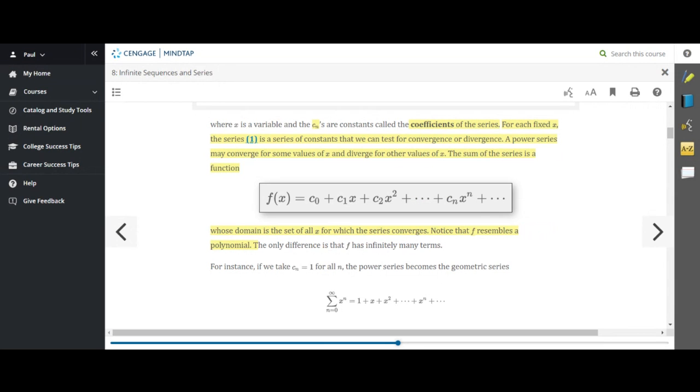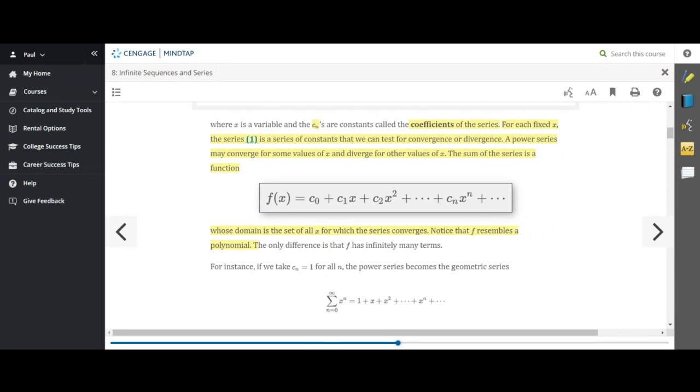The sum of a series is a function. You can write that power series as a function whose domain is the set of all x values for which the series converges. And notice that this function f would resemble a polynomial. And we like polynomials because they're easy to work with.